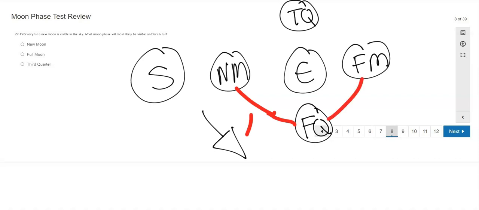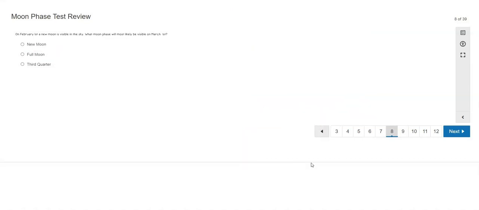So I have 1, 2, 3, 4. So if I'm looking from February 1st to March 1st, that is a full month. That is 4 weeks. So if I saw a new moon on February 1st, I would still see a new moon on March 1st. Okay, so these are the 7 questions that we are going to go over together.